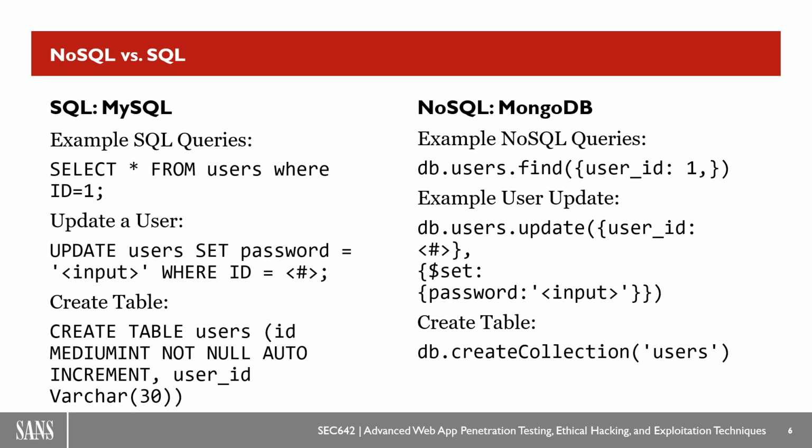So an example update is db.users.update of that JSON again, or the dictionary, user ID : where you have a value inputted, set password to an input. And to create a table, it's db.createCollection users. So the point of the slide is the syntax is very different, also meaning that the methods that applications use to access data on both sides, between SQL and NoSQL, are very different.